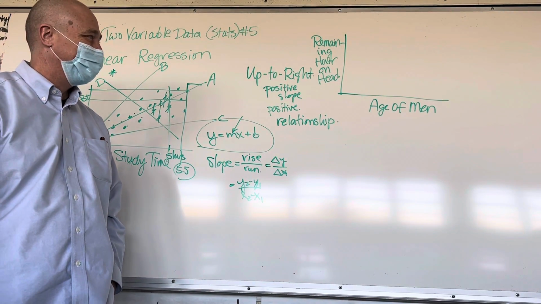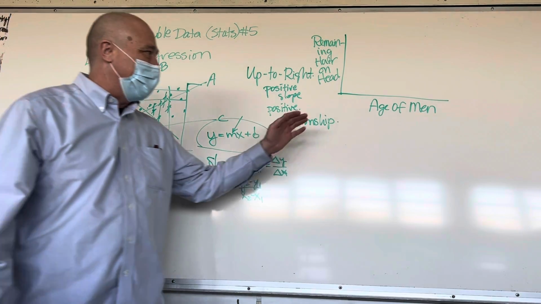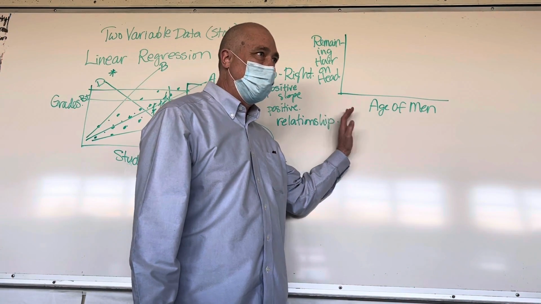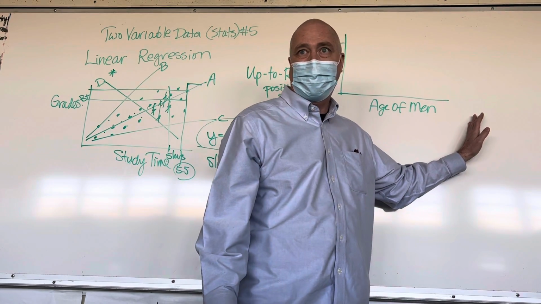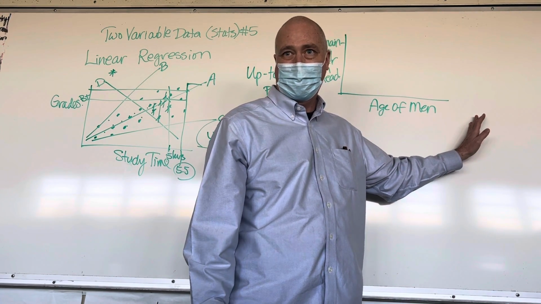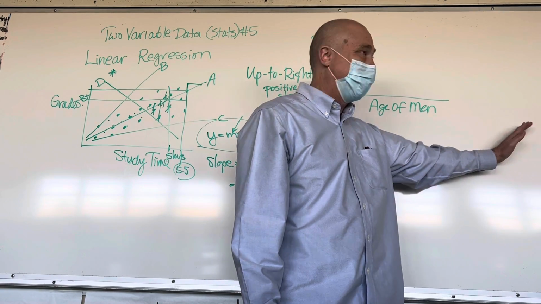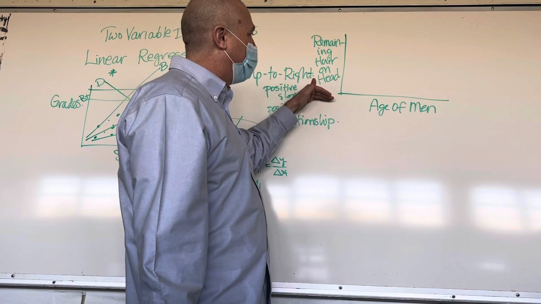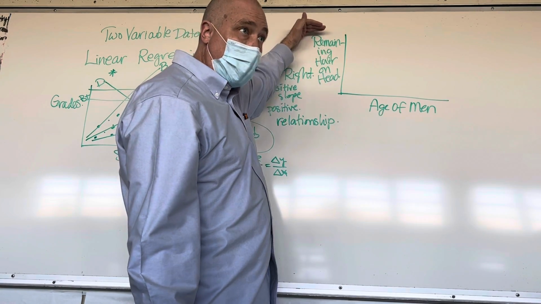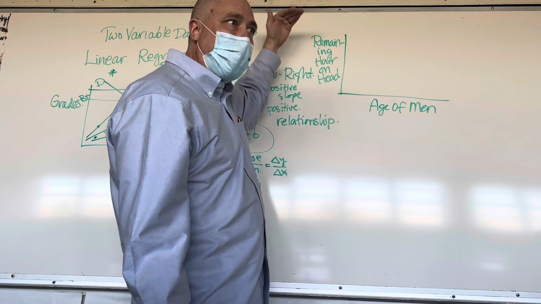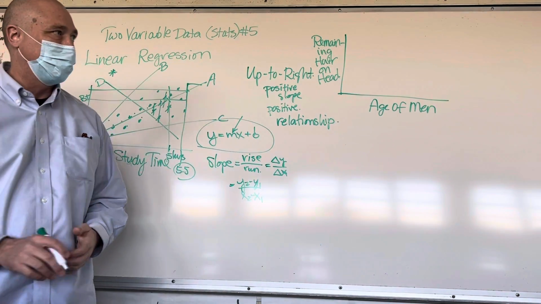All right, so I'm trying to get your attention, I guess, right? Age of men, low, younger, older. You with me? And we don't need the details right now to get across the point. Age of men, they're aging as we move to the right, okay? And then hair on their head, this being not much, this being more. The more hair on their head, the higher up the scale, right? That makes sense intuitively.